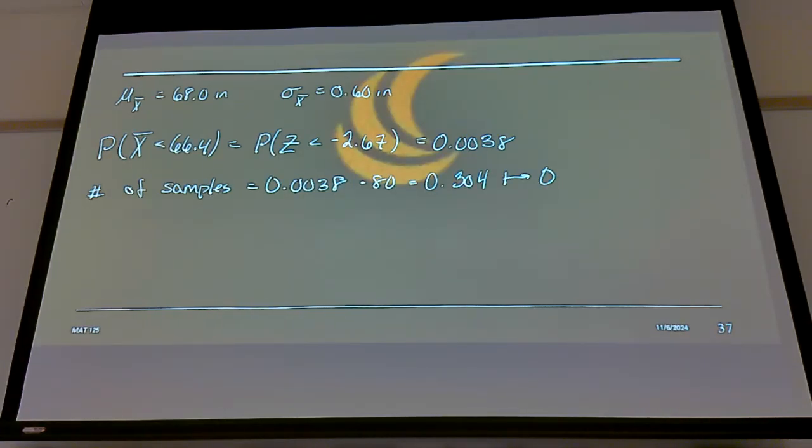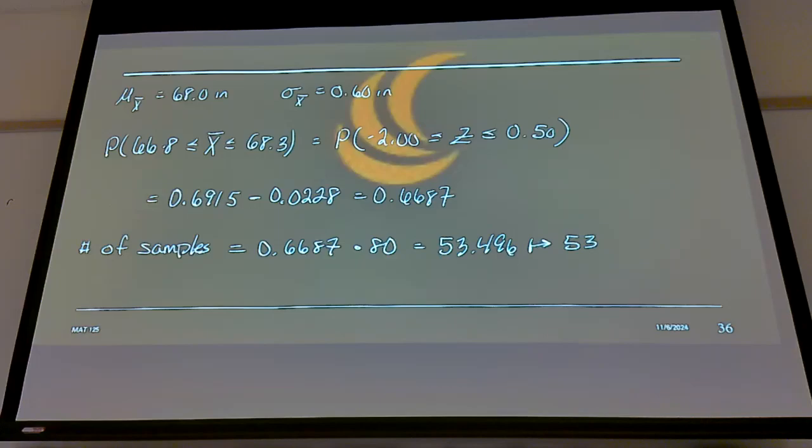And the first one was 53, we just rounded it to the nearest whole number, so 53 or 54. This would be like 0 or 1.